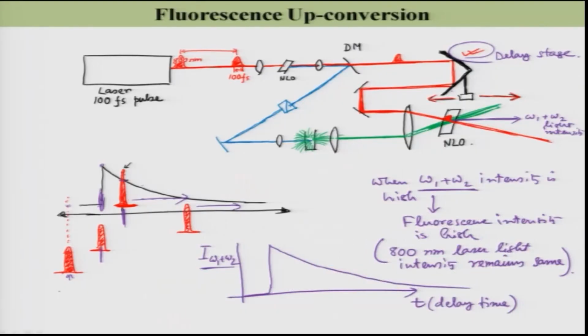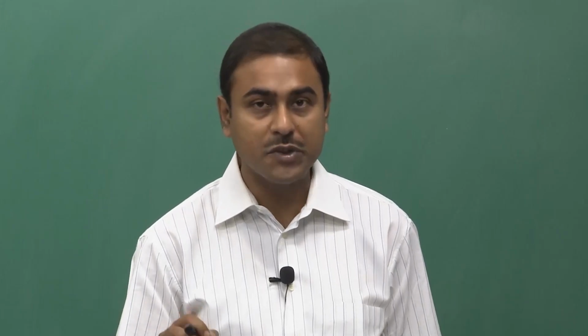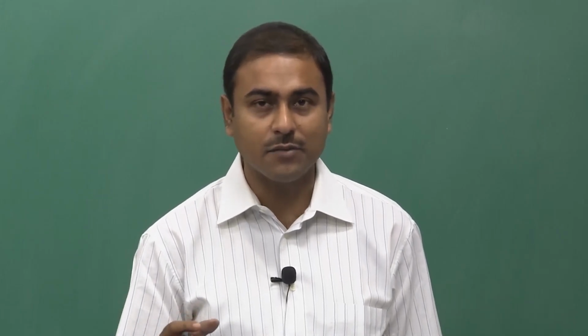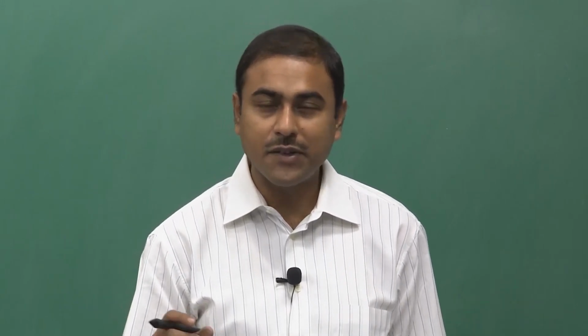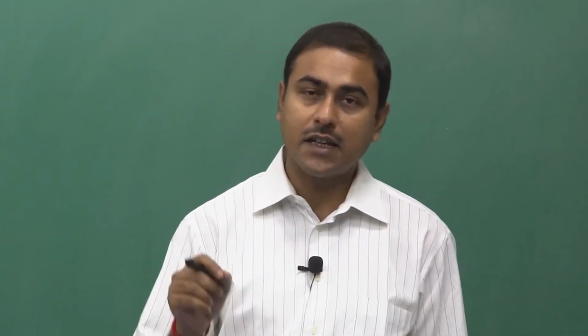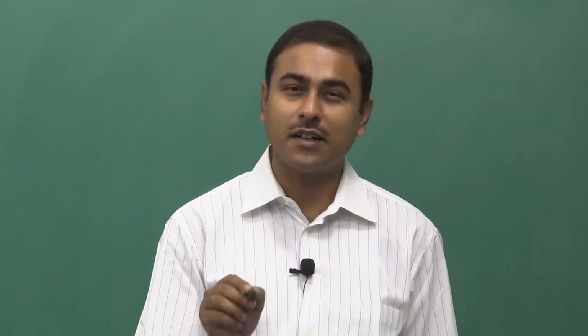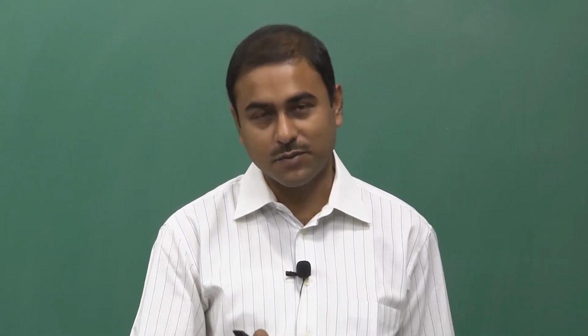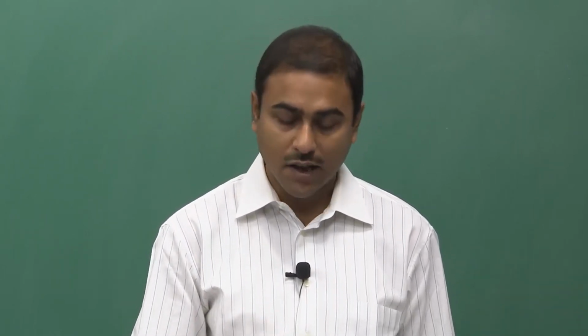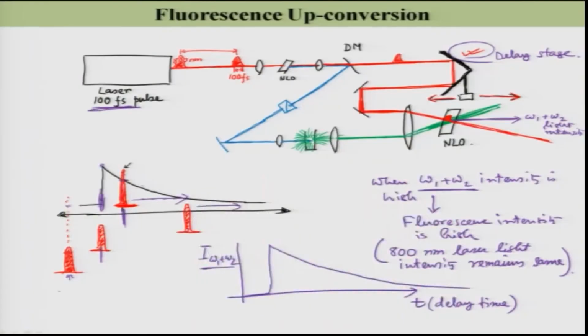So, you should be able to get very high time resolution, that means a very short IRF, and in this case the IRF only depends on the pulse width of the laser, right. There are some other factors like group velocity dispersion, but I have decided not to discuss all those things. So, if you start with a 100 femtosecond laser pulse, then your IRF could be 150 femtosecond. Those small changes are mainly because of the GVD and other things which I am not going to discuss.